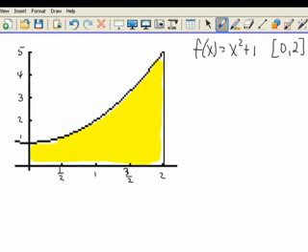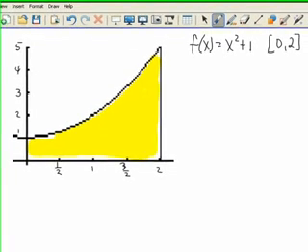Now, the area formulas we have deal with rectangles, circles, triangles, trapezoids. We don't really have a formula that will give us an area under a curved surface like this. But we just need to approximate.